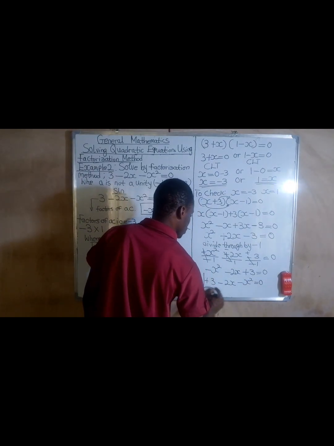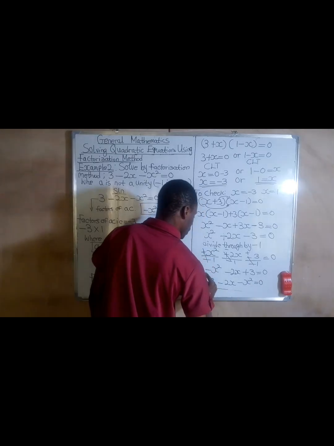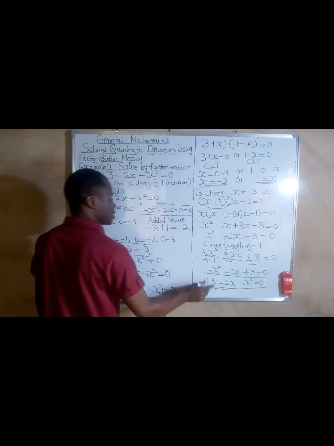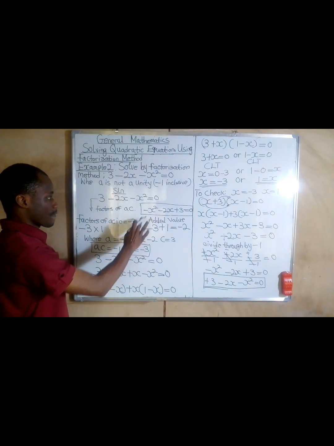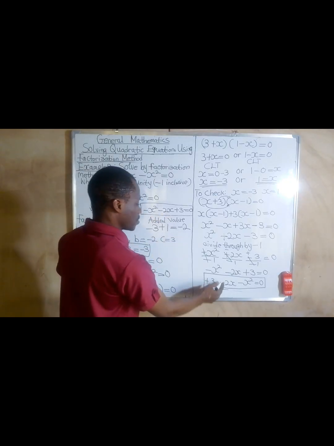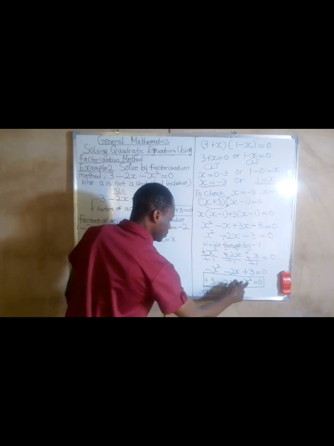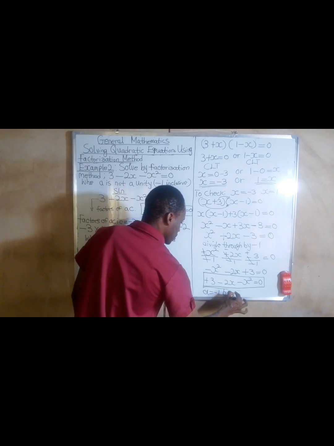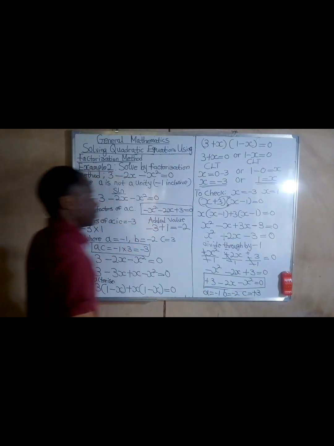So this is the original question that was given to us, to factorize. I repeat, sorry if you could not hear me clearly. I said this is the original question that was given to us to what? To factorize, which is the same thing as minus x squared minus 2x plus 3 equals 0, where a is minus 1, b, which is the coefficient of x, is minus 2, and c is positive 3.